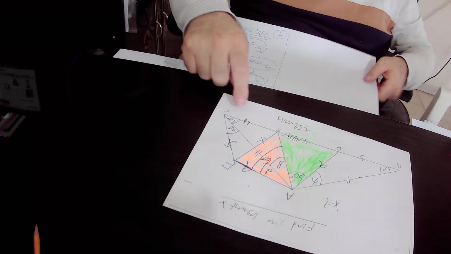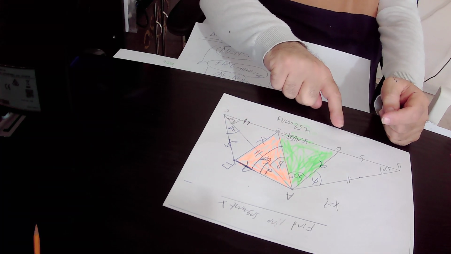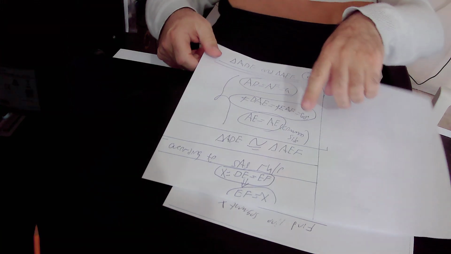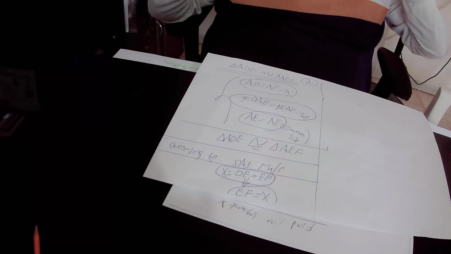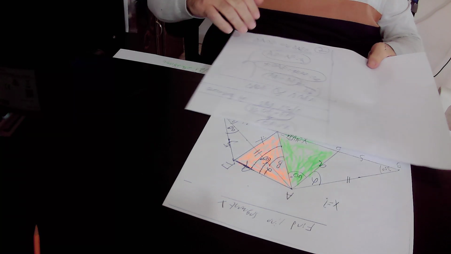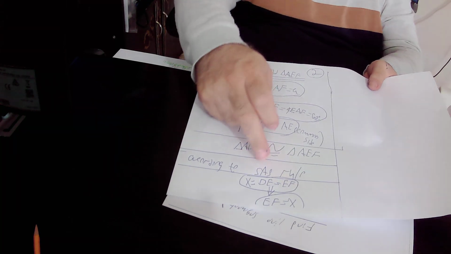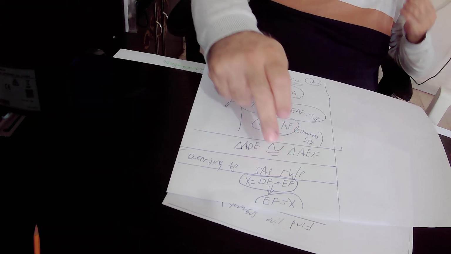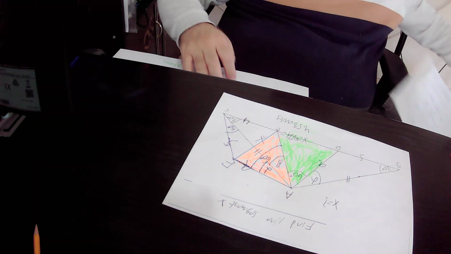And from that, we will derive that side DE equals side EF, according to the rule that corresponding sides in congruent triangles are equal. But according to what is given, side DE equals x. So x equals DE equals EF, and we will derive that side EF is also equal to x.